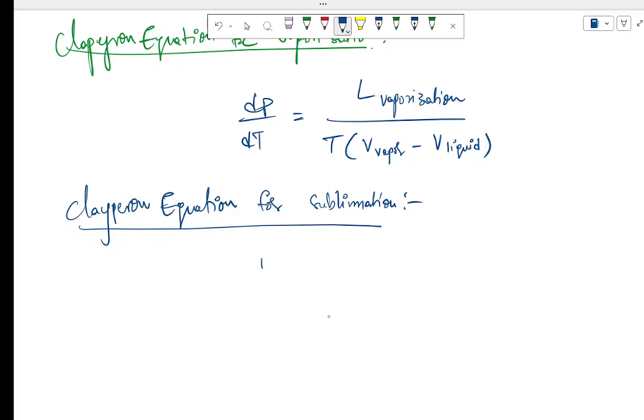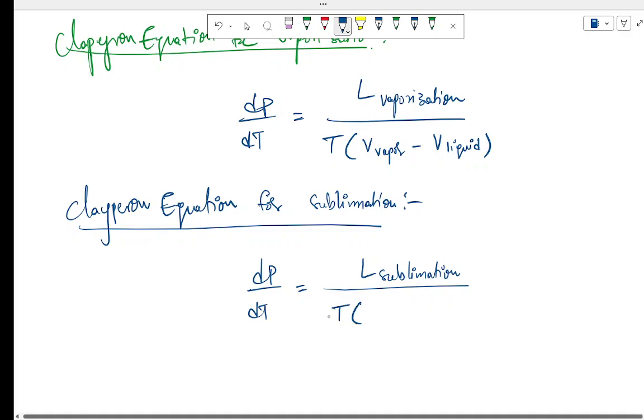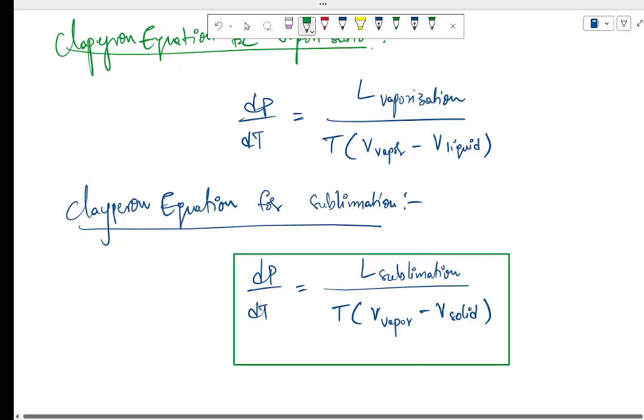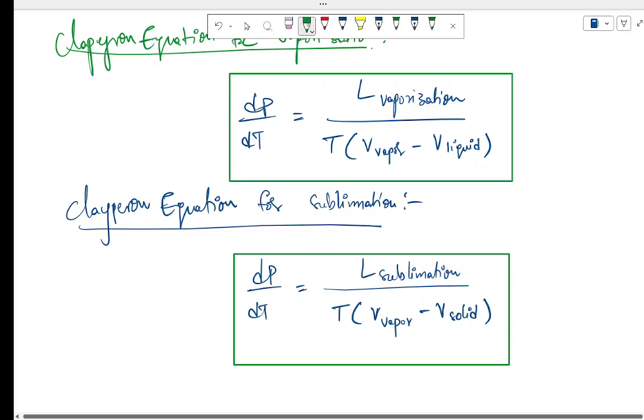So if you write that here, dP by dT will be equal to latent heat of sublimation by the T into V of, that is a volume of vapor minus volume of solid. So these are the expressions for various cases. So the Clapeyron equation expressed in various forms.